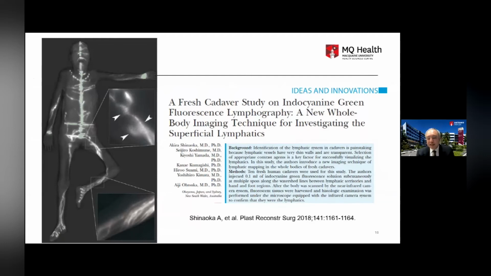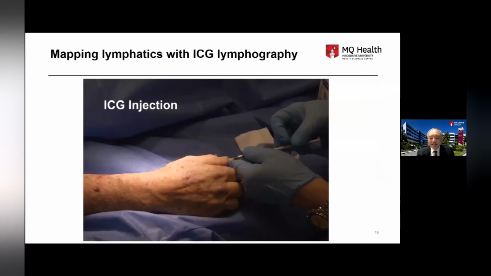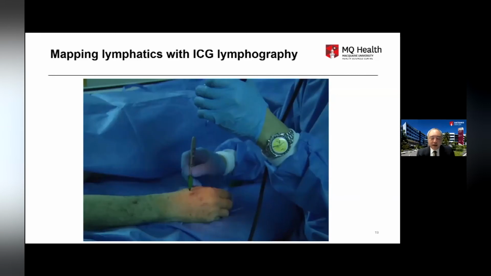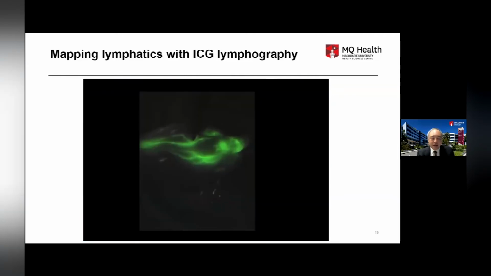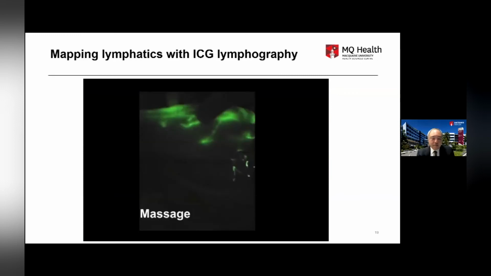This is not a live human, it's a cadaver, so I can inject the dye into the finger. After the injection, similar to a patient, we can immediately see the lymphatic system, and once I see it, I mark it using skin markers.